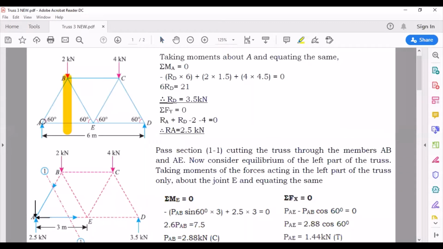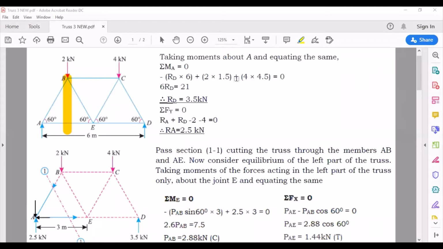Now since it is an equilateral triangle, as you can see, the distance between point A and the line of action will be exactly half of the member size of AE. That is, AE member is 3 meter, so half of that is 1.5, so it is 2 into 1.5, and you can see that it is causing a clockwise moment, so thereby you have given it the positive sign.